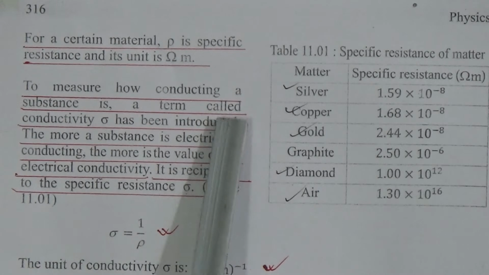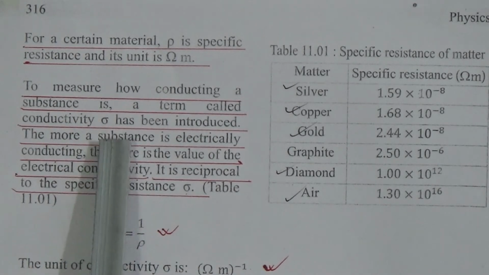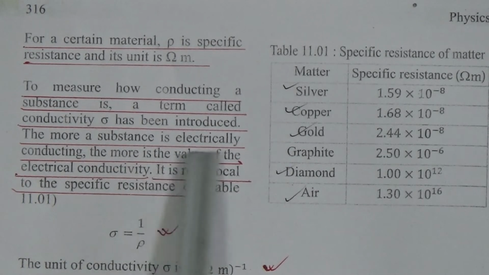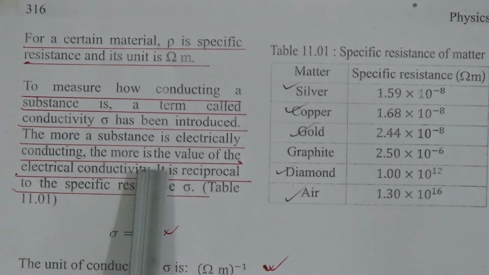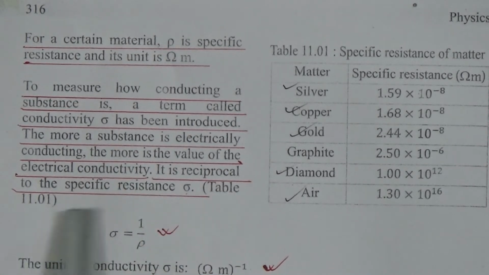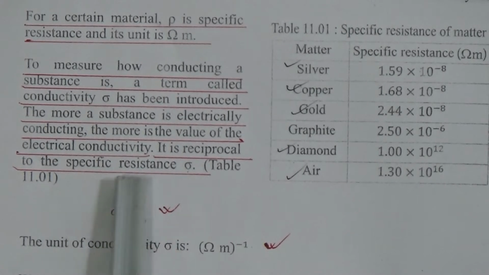To measure how conducting a substance is, a term called conductivity, that is sigma, has been introduced. And the more a substance is electrically conducting, the more is the value of the electrical conductivity. So it is reciprocal to the specific resistance: sigma equals 1 divided by rho. My dear students, you also have to learn this formula.